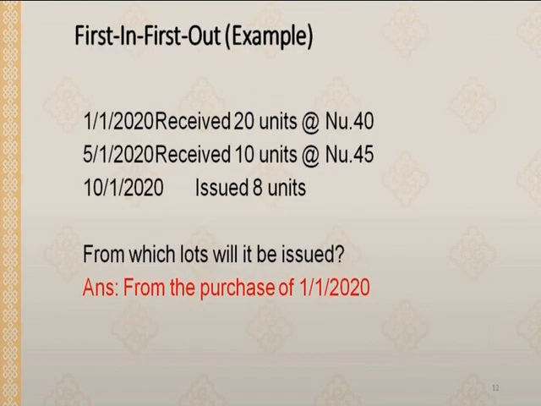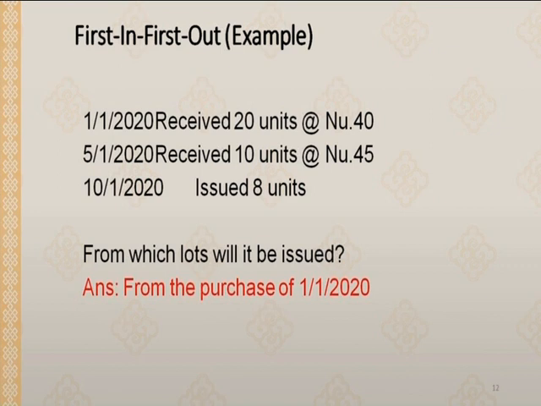Okay, I have examples here. The first one is the first in first out, FIFO, method. On 1/1/2020 received 20 units at the rate of 40, on 5/1/2020 received 10 units at the rate of 45, and on 10/1/2020 issued 8 units. The question you need to analyze is: from which lot will it be issued?